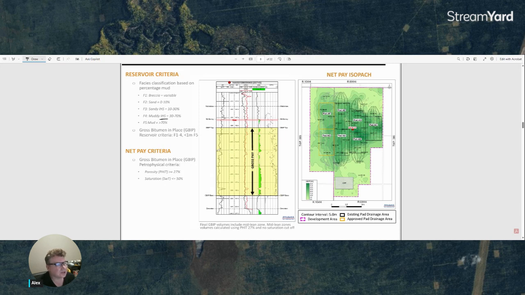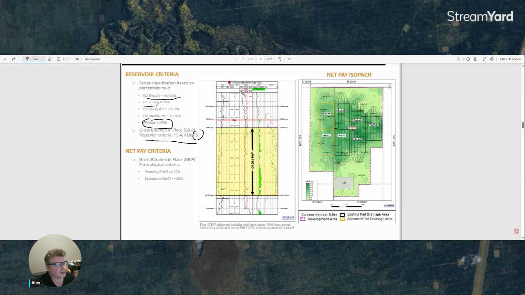The reservoir criteria is F1 to 4, and 1 meter less than F5. F5 is basically mud, over 70% as defined here by phases classification based on the percentage of mud. So if it's over 70%, then it's very low permeability, very low saturation of oil in those sections. And then obviously we have the breccia, which is variable.